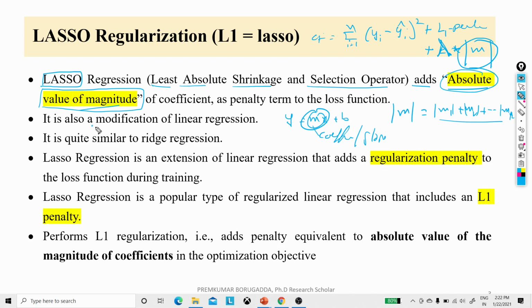It is also a modification of linear regression. In lasso regression, we add the L1 penalty. This error is called the loss function. It is quite similar to ridge regression.